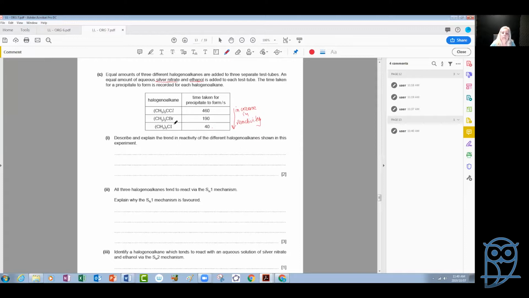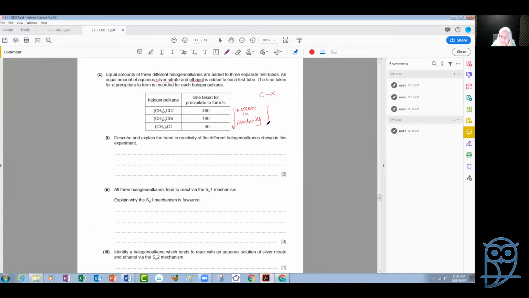It means that the bond between carbon and the halogen, here we have carbon and chlorine, carbon and bromine, carbon and iodine, whatever halogen is connected to the carbon, is easier to break. So in other words, the strength of this bond decreases as we go down the column.